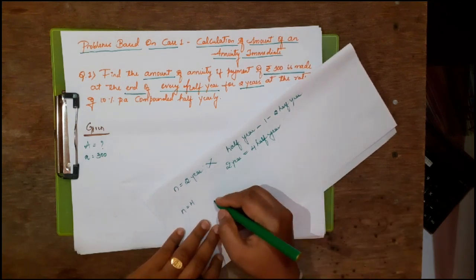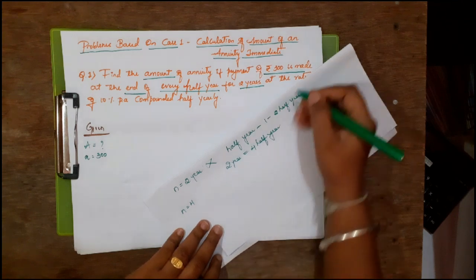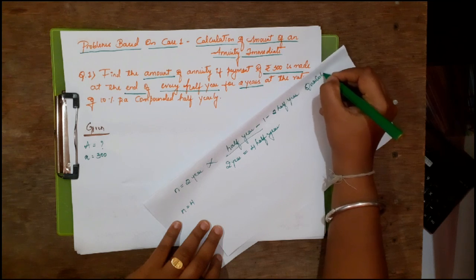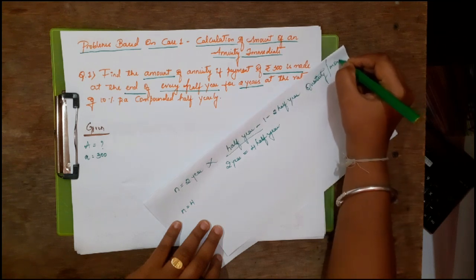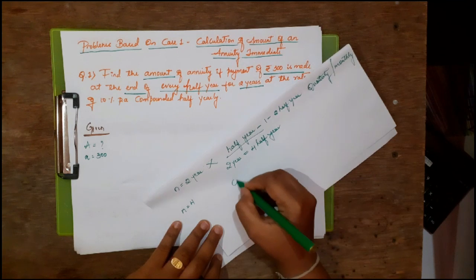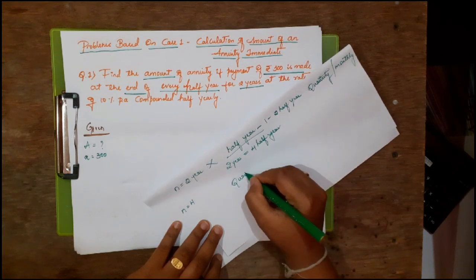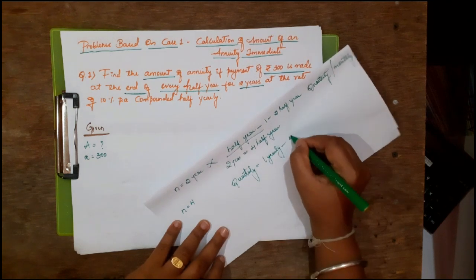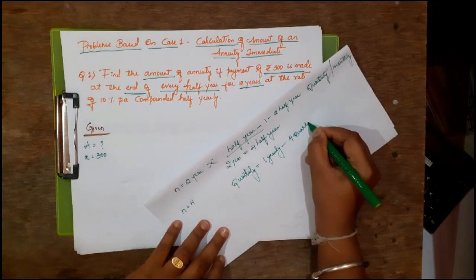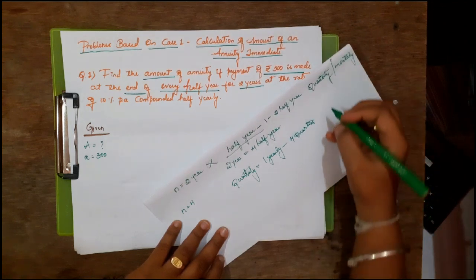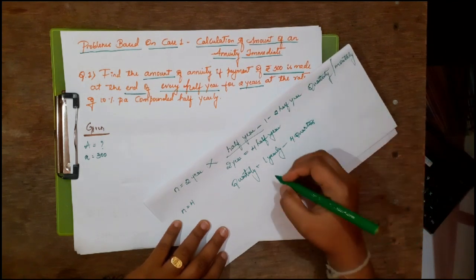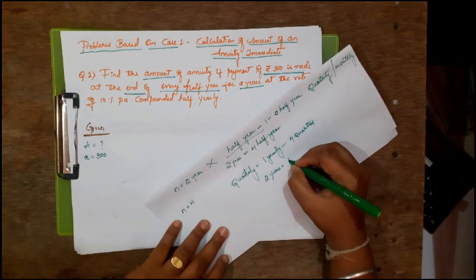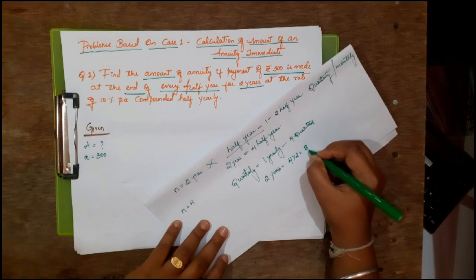Similarly, if we are taking any other question, if instead of half yearly they have given quarterly or monthly. Quarterly means in 1 year we have 4 quarters, right? If you are making a payment up to 2 years, for 2 years you are getting 8 quarters.